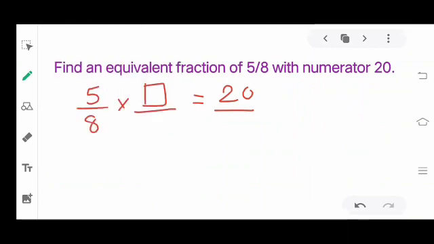So 5 4s are 20. Again, we have to multiply the same number with numerator and denominator. So I am going to multiply 4 with the denominator, and 8 4s are 32. See, I got my final answer.